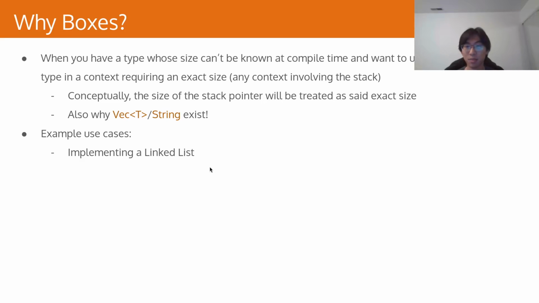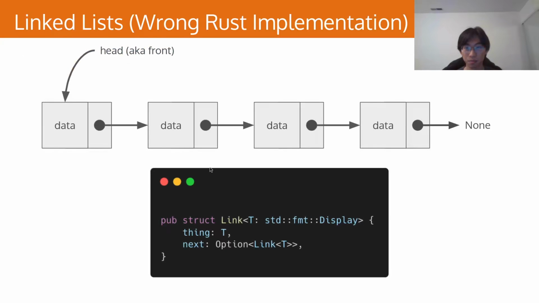An example would be if we tried to implement a linked list, which we'll see up here. Suppose we describe each node in the linked list to look something like this, where it stores some data, and then it stores a pointer to the next link, right? In this case, this code will not work.